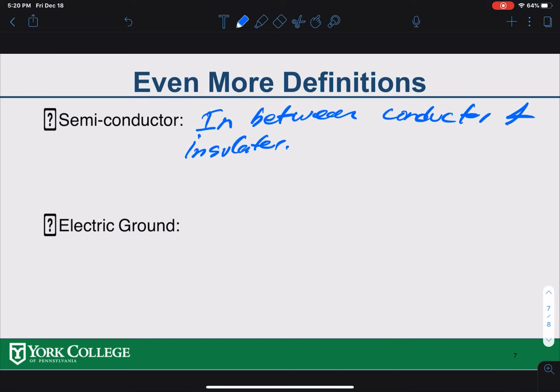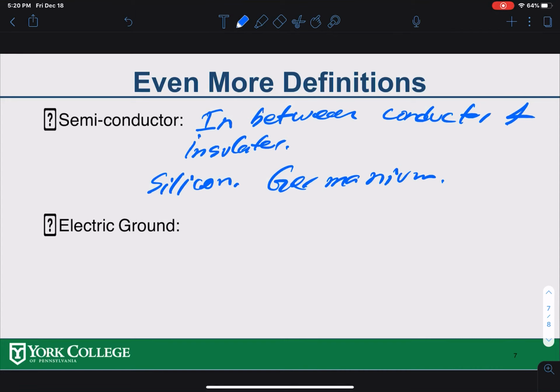The resistance depends on the applied voltage and current. So the resistance of the semiconductor could change with the applied voltage and current. What are examples of semiconductors? We have silicon, we have germanium. Those are examples of semiconductors.